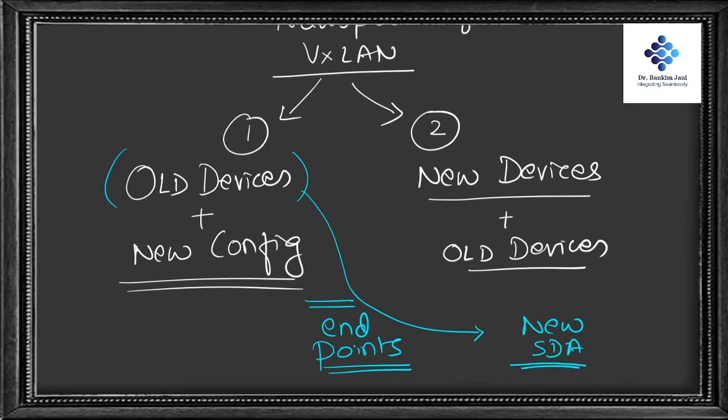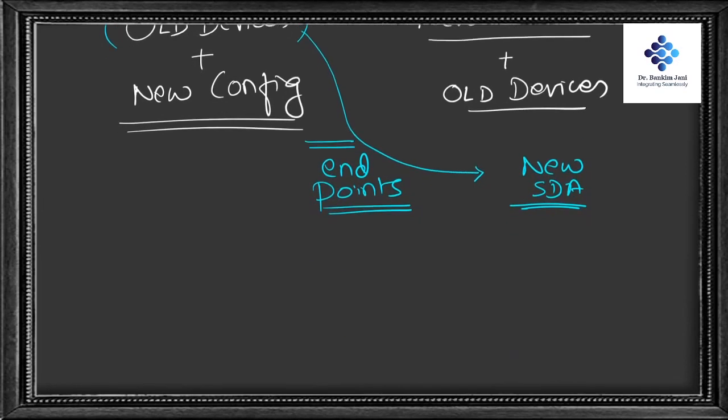So our old devices, that is our current infrastructure, are now understanding what exactly VTAP is with the help of that new configuration. We are teaching them some new languages, some new tricks, that this is how you will now be communicating. Because those new devices already understand this entire thing, it is coming pre-built, so there is nothing to worry about. But it is the old devices to whom we have to teach new tricks.